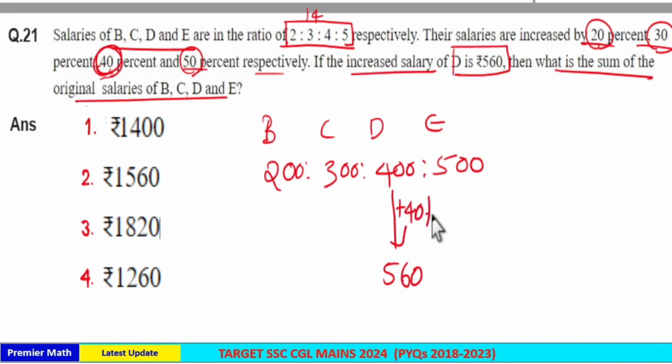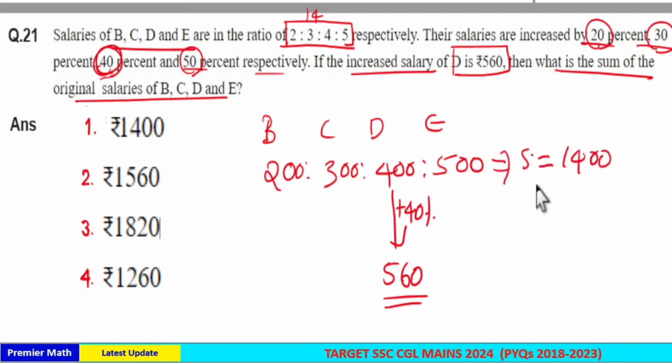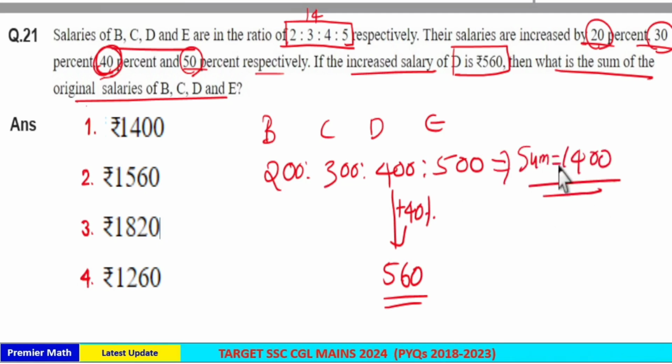If you take 40% increment from this 400, 10% of 400 is 40, then 40% is 160. So, 400 plus 160 is equal to 560. Which is correct. Which means salaries of B, C, D and E are 200, 300, 400 and 500. Then the sum is 1400. Option 1 is your answer.